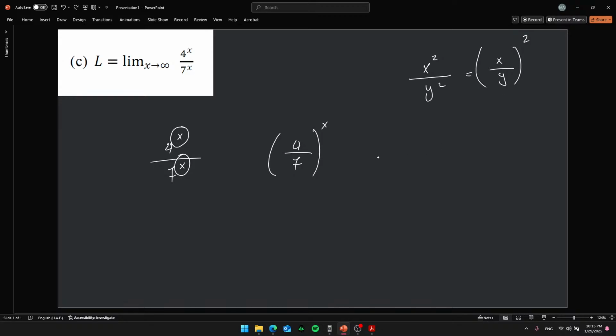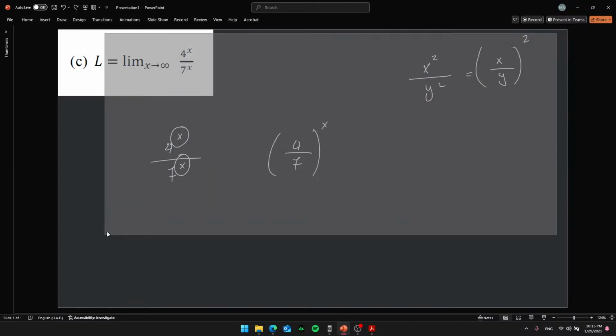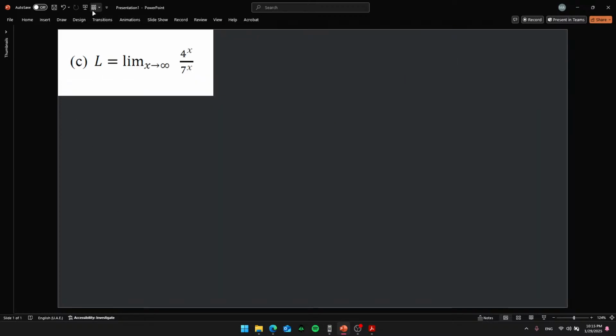Same thing here, except it's not a square, it's an x. So basically you can apply the same rule. So he said, forget about the ln, it's totally wrong. Limit as x approaches infinity of 4 over 7, and take the x for the whole fraction.